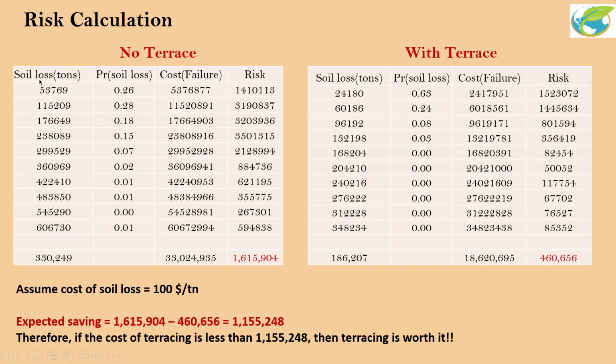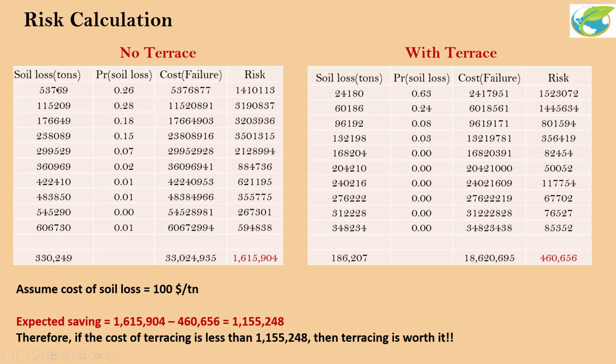Once you bring them in Excel, we have the soil loss. We have the probability of soil loss here for the no terracing case. The cost of failure is how much does it cost? The loss of 53,769 tons of soil. Because in that soil, the topsoil has a value, the fertilizer in there has a value, the organic matter in this has a value.